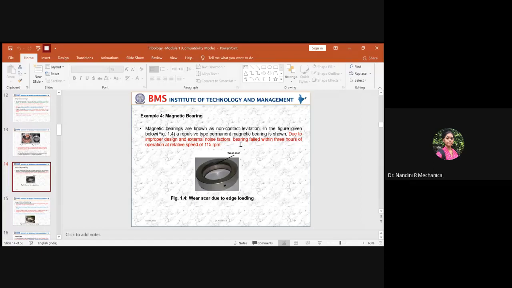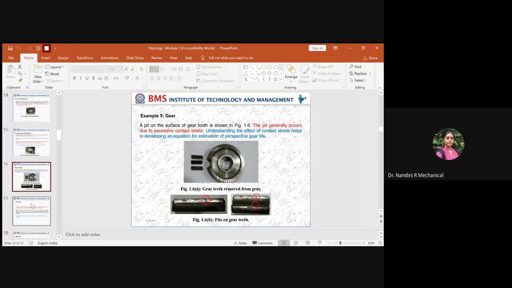Okay, so a bearing failed within 3 hours of operation at a relative speed of 115 rpm, this is a constraint which is being told. So the bearing will fail within 3 hours of operation if it is revolved at a relative speed of 115 rpm. This kind of wear scar comes into the picture. So this type of magnetic bearing should also be avoided.